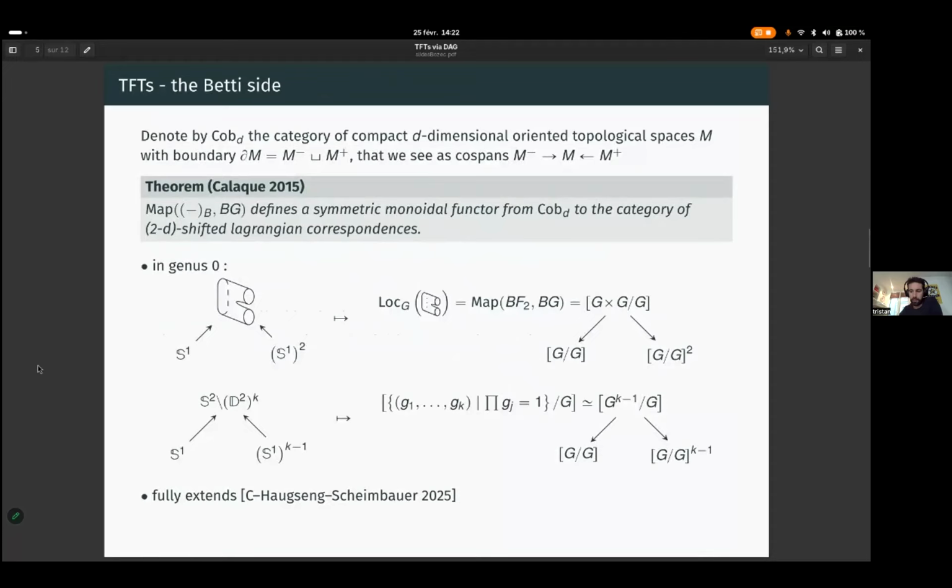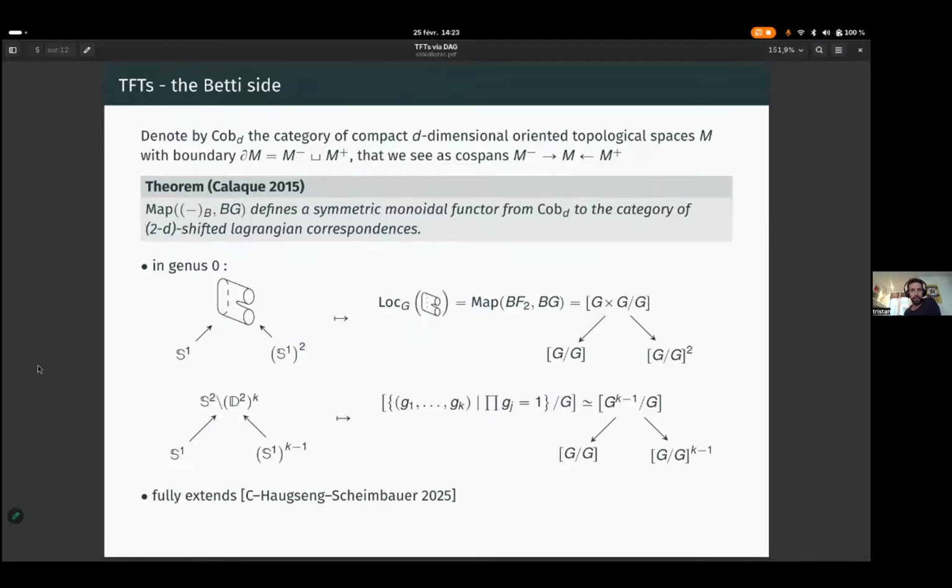So let's take a look at the first TFT. So from the beginning, in the examples I gave, I'm mostly on the Betti side of the non-abelian Hodge correspondence. So I'll stick to this on this slide. Okay, so a TFT is a functor from some category of cobordisms.